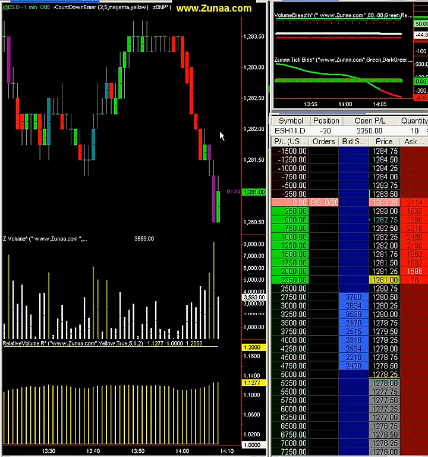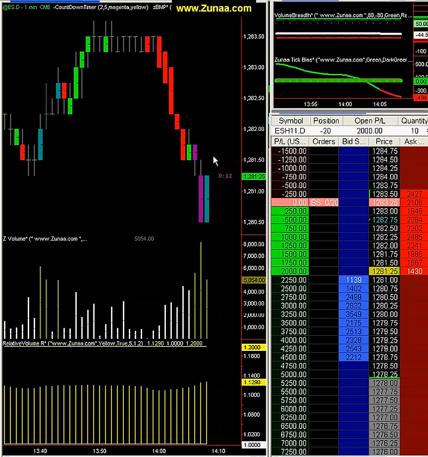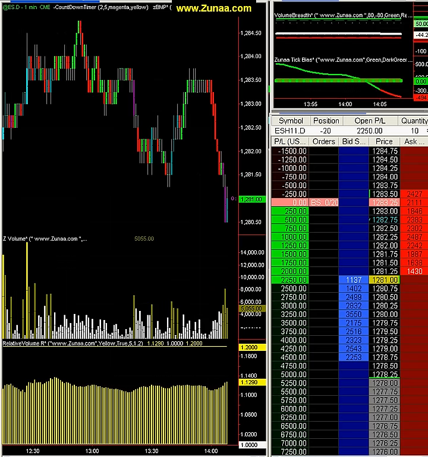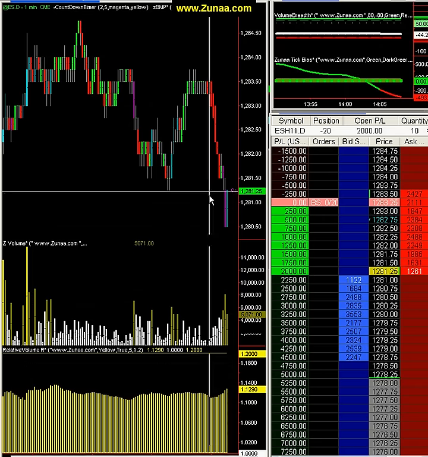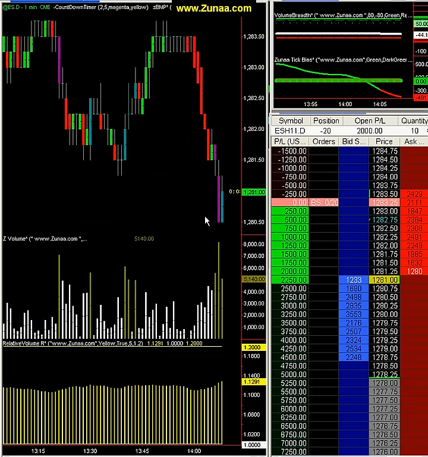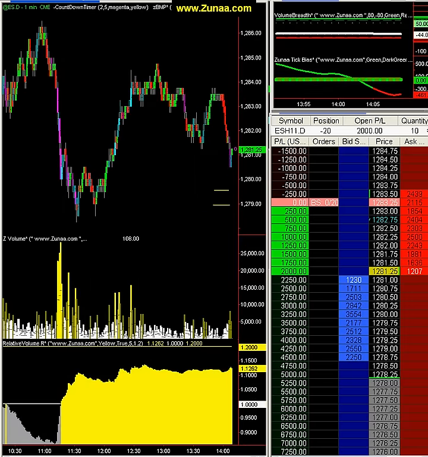Other markets are also beginning to move as well. Although we're seeing some buying come in on the S&Ps, YM and NQ are trying to move lower, but it looks like there's some short covering in there as well. So we haven't completely reached the second profit target as of yet.